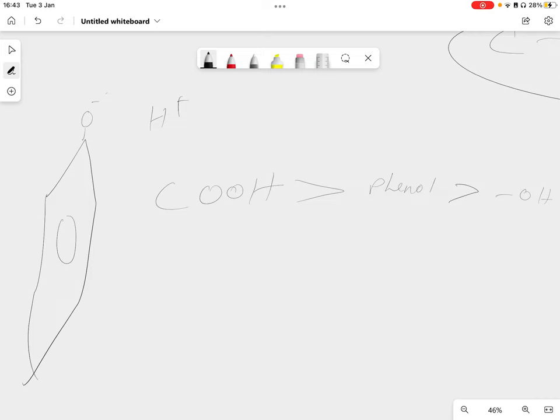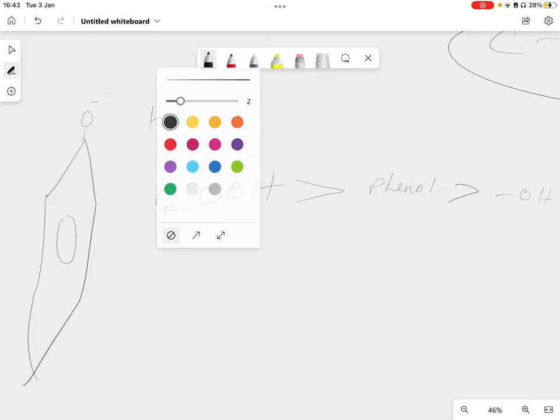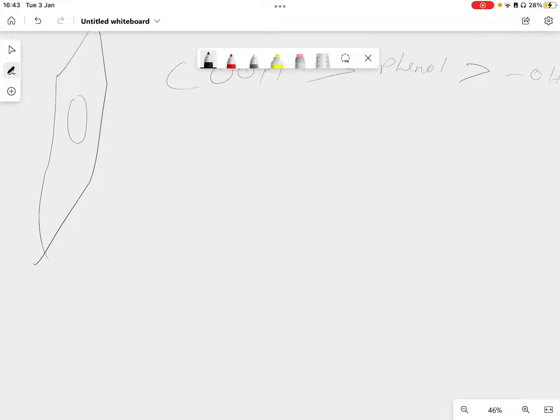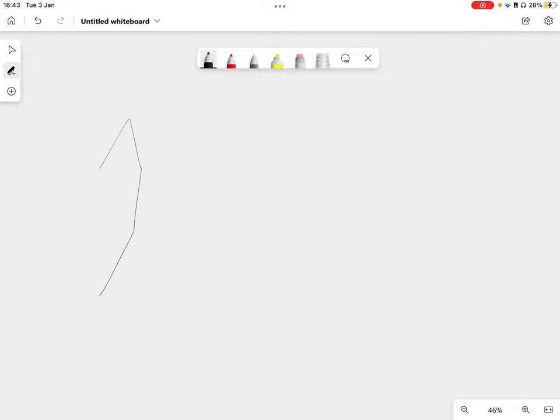So phenol and bromine water. This is actually a test. If you react phenol with bromine, like the bromine water test, you will get 2,4,6-tribromophenol.